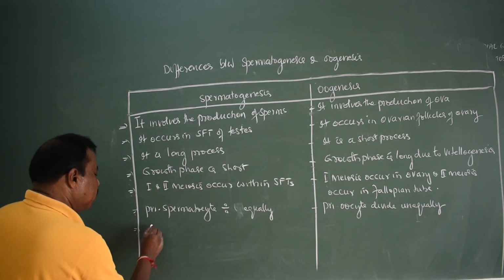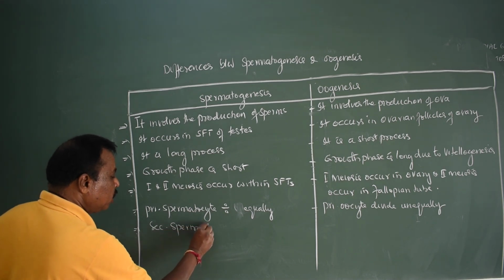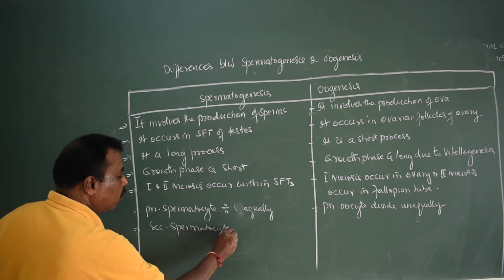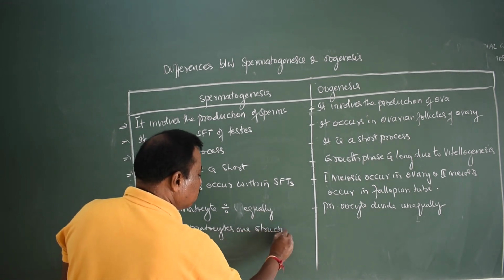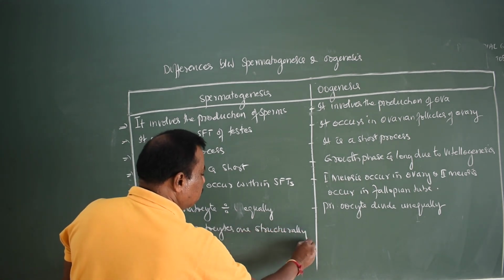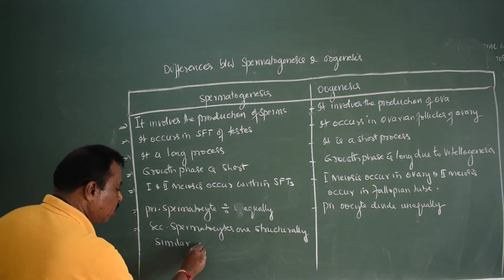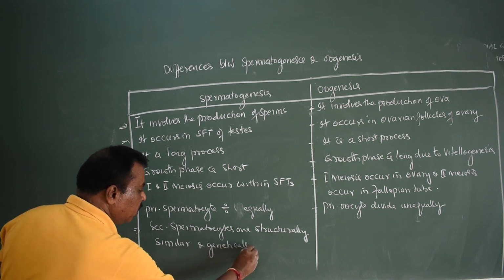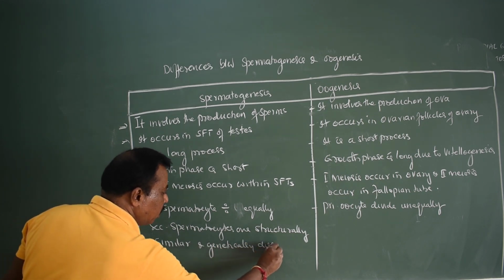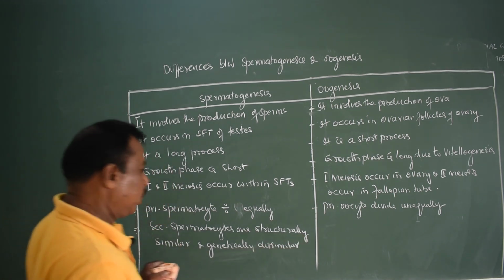And again, secondary spermatocytes are structurally similar and genetically dissimilar because they contain X and Y chromosomes.